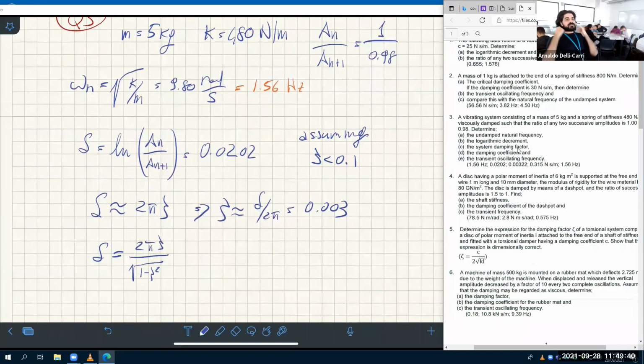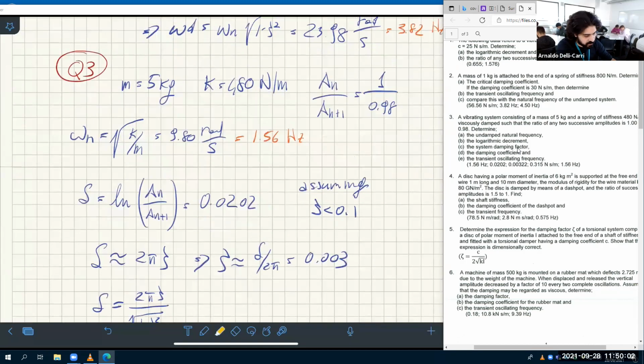You can do this very easily, but you have to use delta squared, rearrange for zeta, and take the square root. It's a bit more complicated, but it's the same, don't worry, as long as this is true. So we found the damping factor.